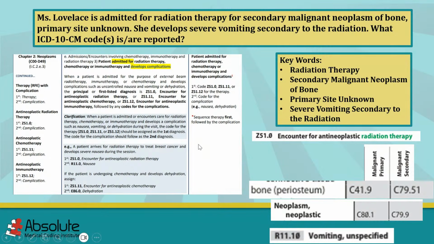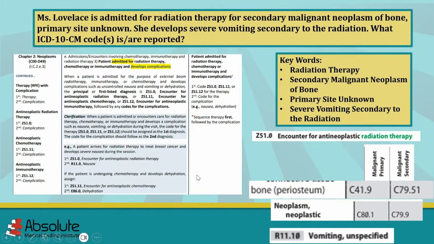Again, if you look at this guideline right here, it says first, code that radiation therapy, and you have to account for the malignancy, and then you have to code for the complication. The complication is going to be the vomiting, and so that is why your last code is going to be this vomiting unspecified.